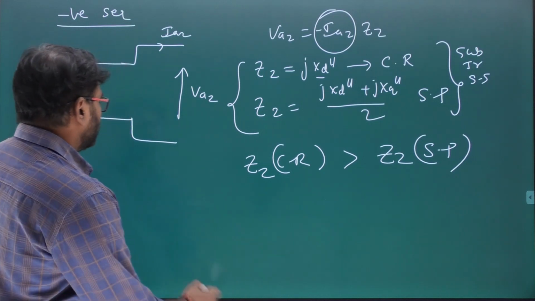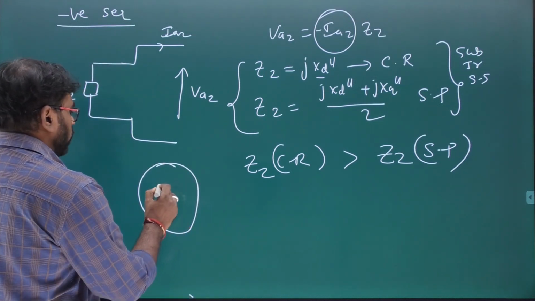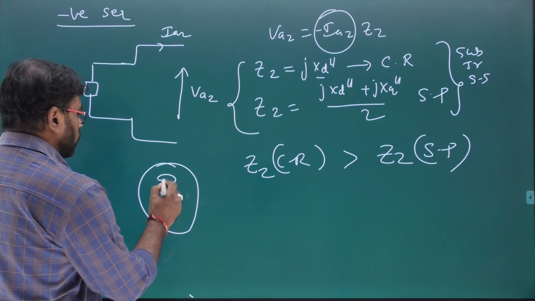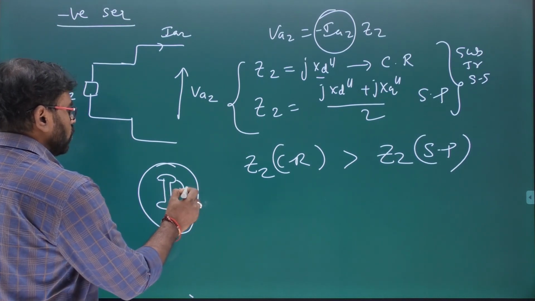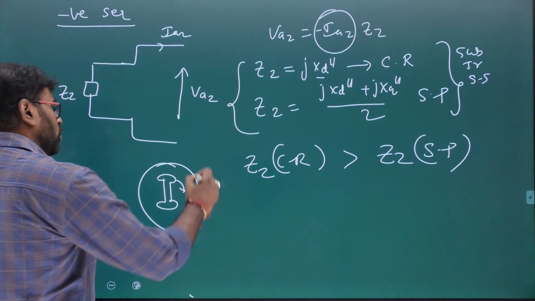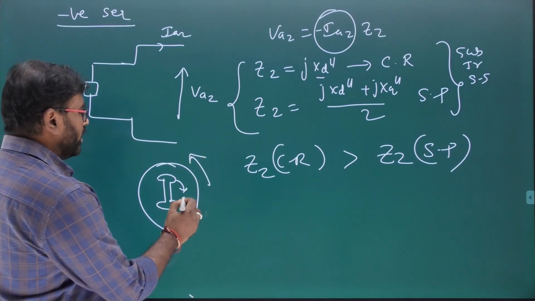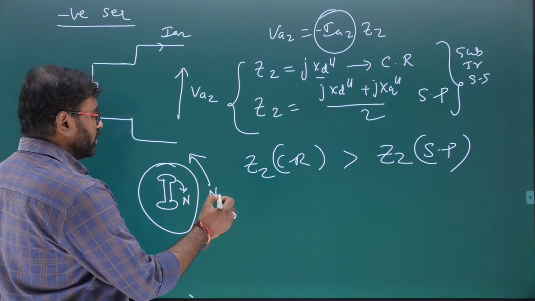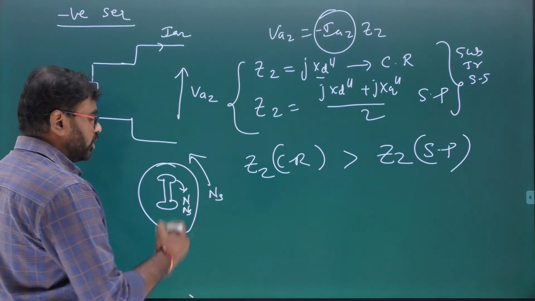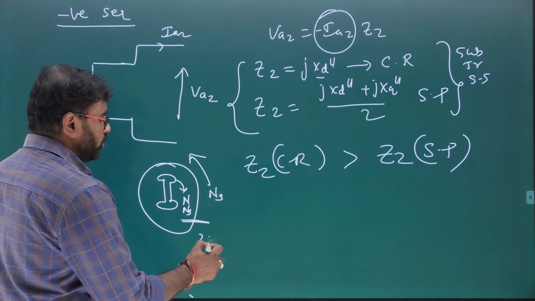But one more thing, in case of a negative sequence current flowing in the stator, if the rotor is rotating in this direction, the magnetic field produced by the negative sequence current is always rotating in the opposite direction to the rotor. That means the relative speed between them is 2ns.